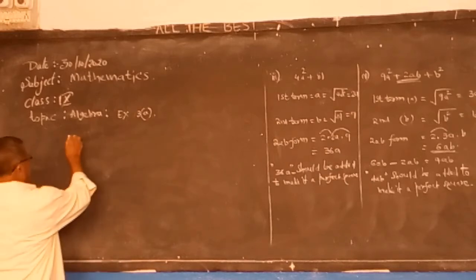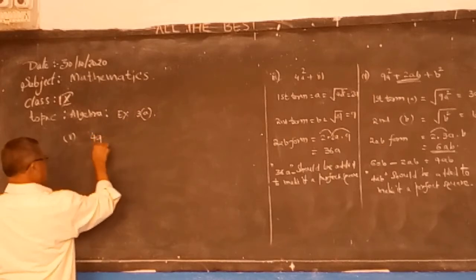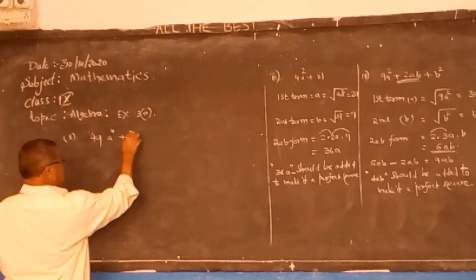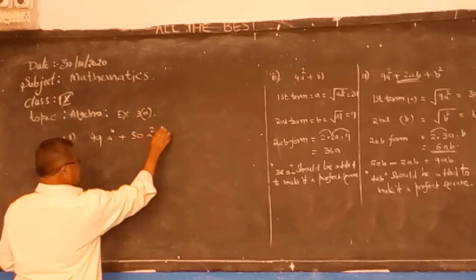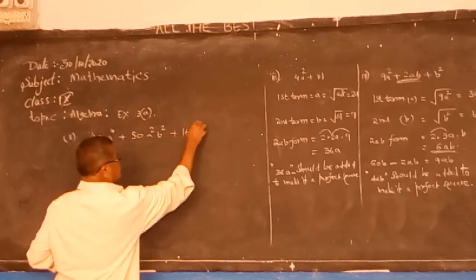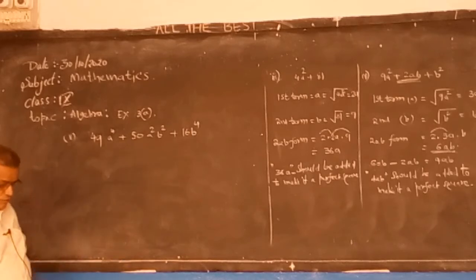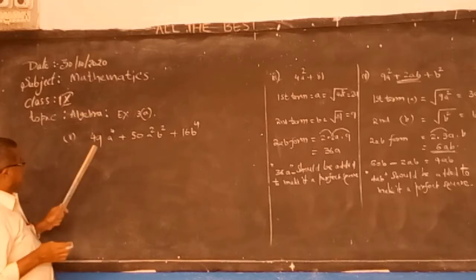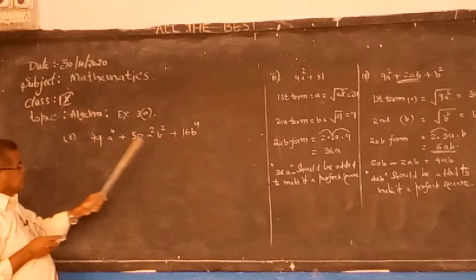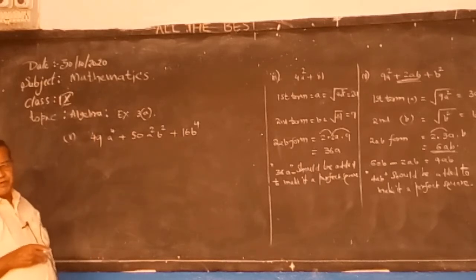Similarly, fifth one. Fifth problem, 49a power 4 plus 50a squared b squared plus 16b power 4. Here, by observation, the square of the first term is 49a power 4, the square of the second term is 16b power 4.